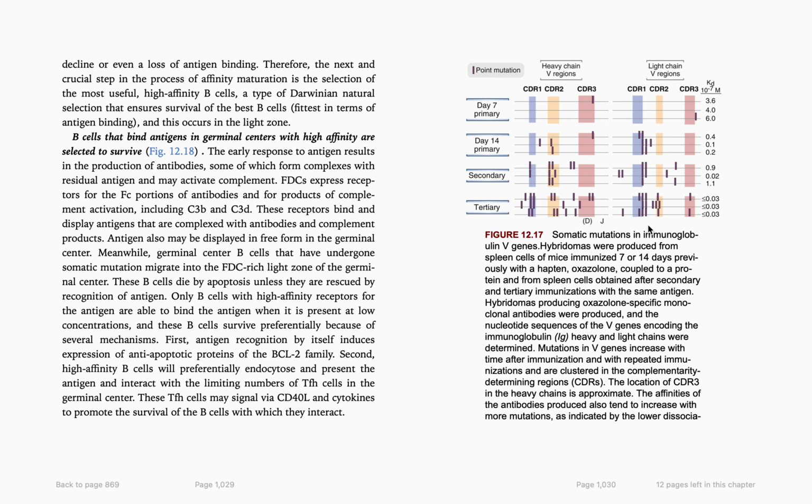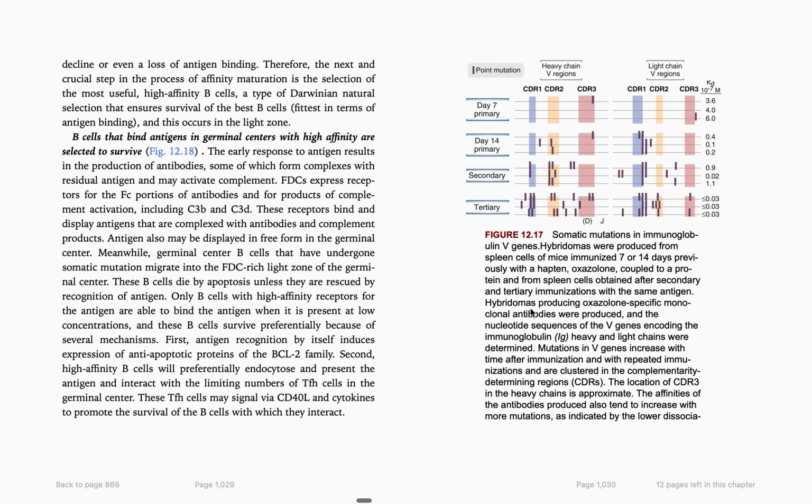So here, with somatic mutation in immunoglobulin V genes, hybridomas were produced from spleen cells of mice immunized 7 and 14 days previously with hapten oxazolone coupled to protein, and from spleen cells obtained after secondary and tertiary immunization with the same antigen.